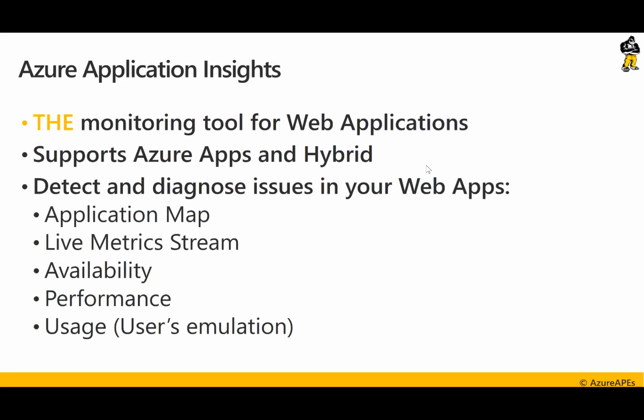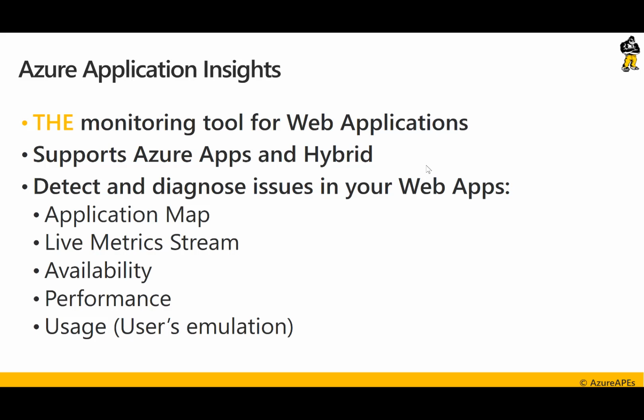Now the last feature I want to talk about is a little bit away from web apps as such. It's Azure Application Insights, which is basically the go-to monitoring tool for web applications. Where, interesting enough, although it runs as an Azure service, it supports Azure running web apps and hybrid, like a web server that's running on premises.